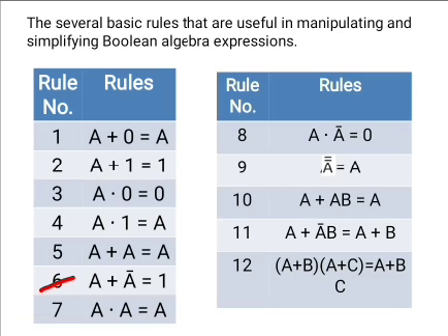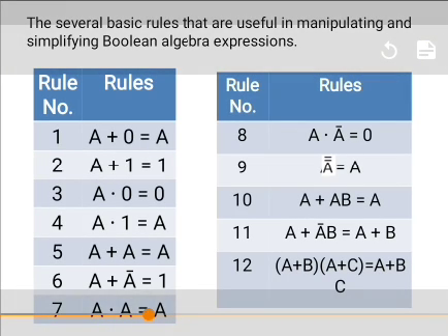In this, when A equals 0, that means 0 plus 0 complement, which is 0 plus 1, equals 1. And when A equals 1, that means 1 plus 1 complement, which is 1 plus 0, equals 1. So therefore, A plus A complement equals 1. Next one is the seventh one.